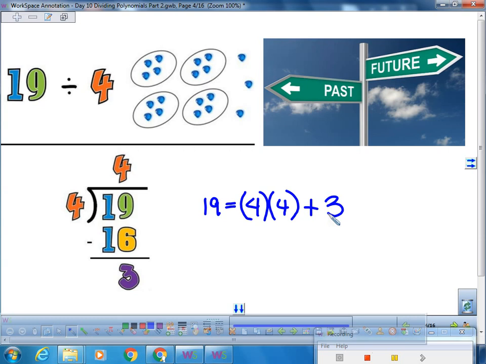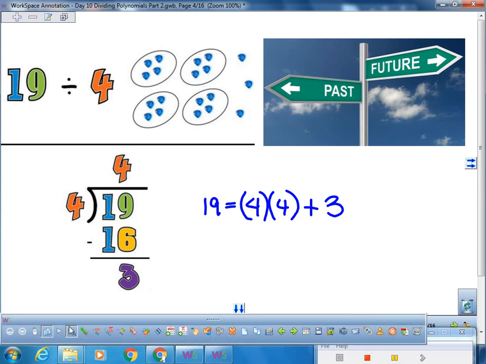Another way to write it, as you saw it in elementary school, would be 4, right? 4 goes into 19. 4 goes into 19 4 times. I'm going to put over here. At first you saw it, I think, in probably 3rd grade as our remainder of 3, right? You saw it that way.